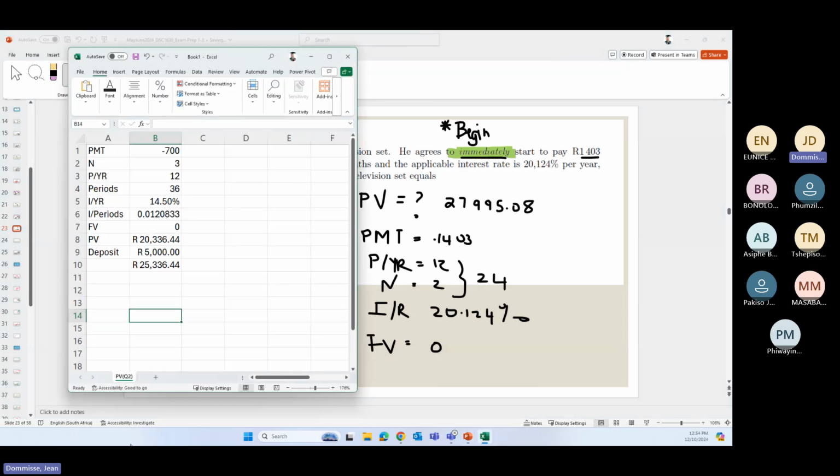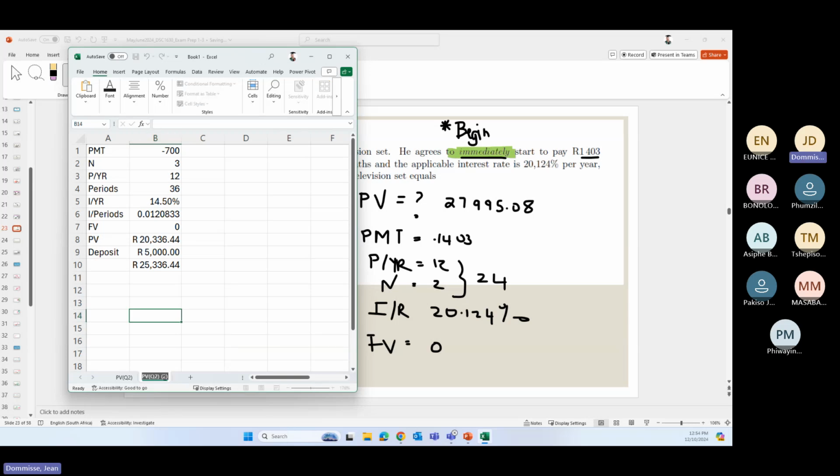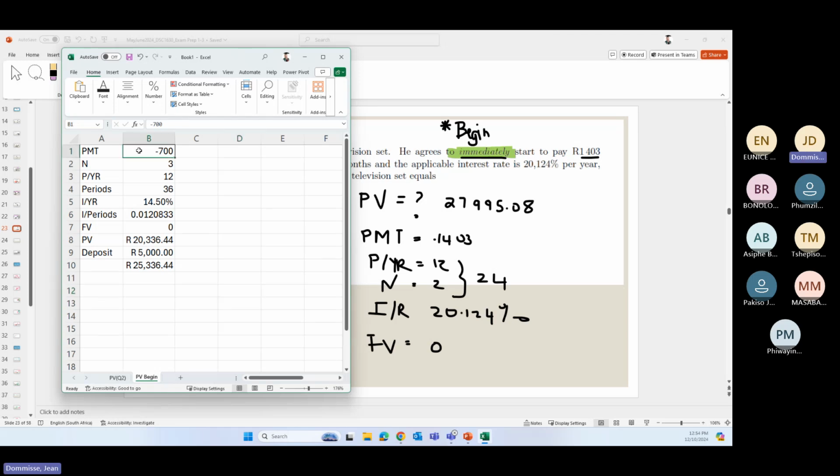Okay, so let's quickly just show you guys on Excel also how to do this. So we're going to work out the present value with the begin function. Okay, so let's see, we've got PMT. So a few things will change as I update. So we've got 1403. We've got 2 years, 12 times a year, that's 24 periods.